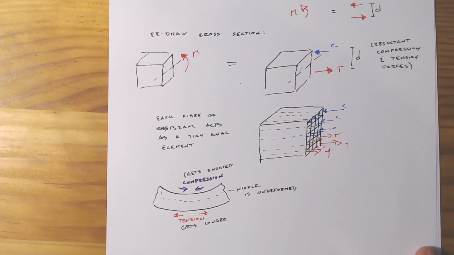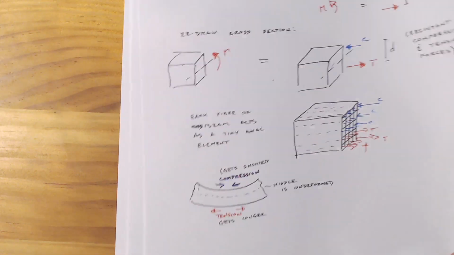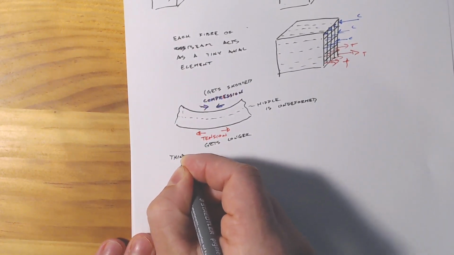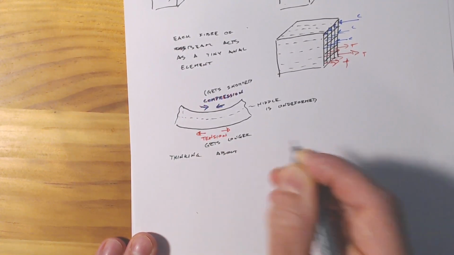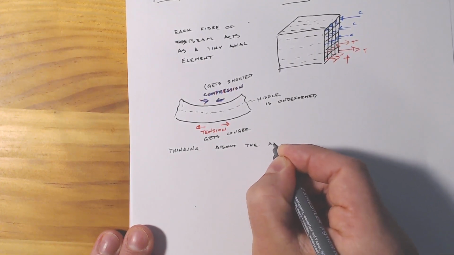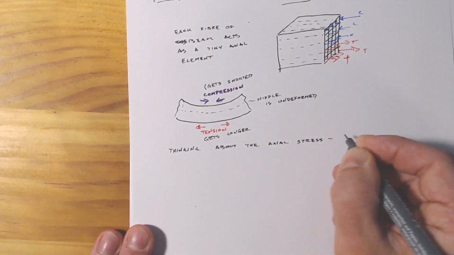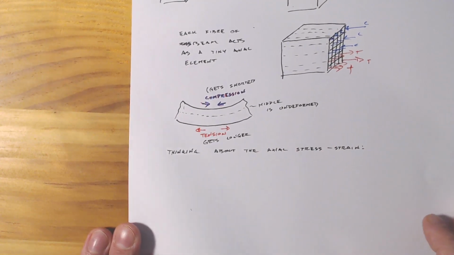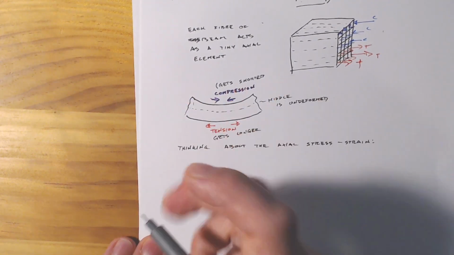And then we can think, if we're thinking about this as an axial problem, how does a material which is getting pulled behave?